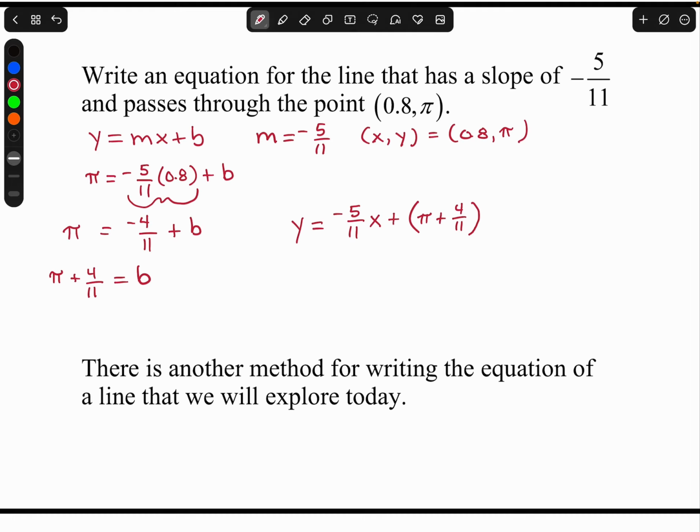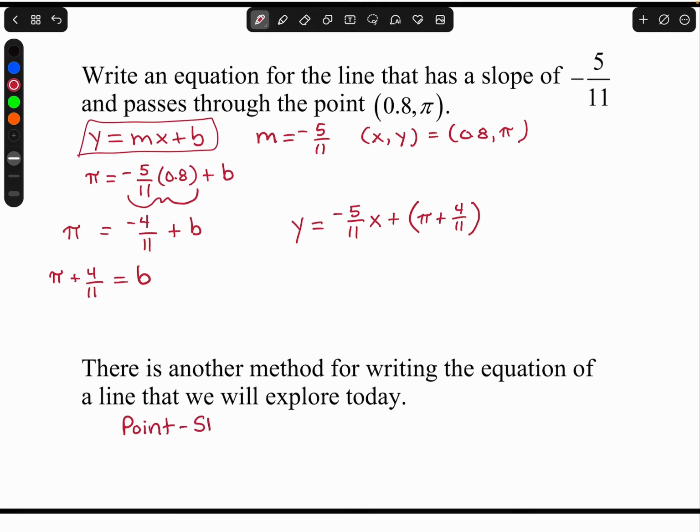Even with the messiness that we have at the beginning, we can still use what we know from slope-intercept form to come up with the equation, but sometimes it's just a little bit more complicated. And what we do know is there is another form that you are learning that we can use that might make some of this work a little bit easier.